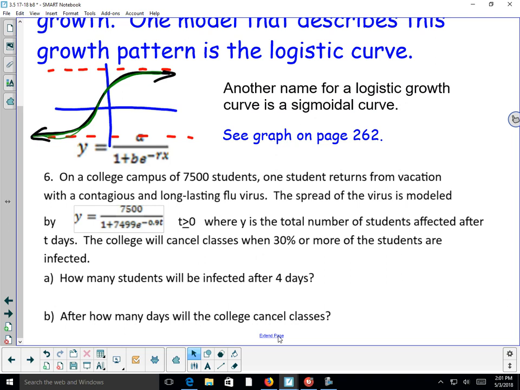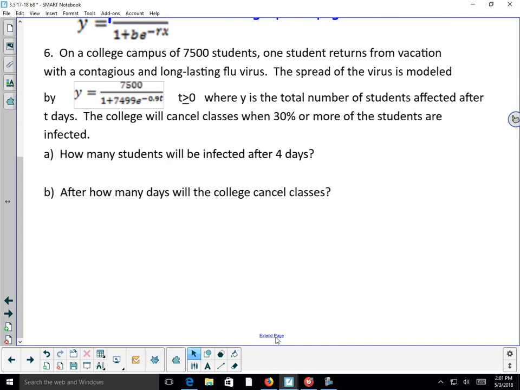How many students will be infected after 4 days? What are we going to do to find that answer? Elliot. Okay, so you're going to use your calculator. You're plugging in 4 for t.